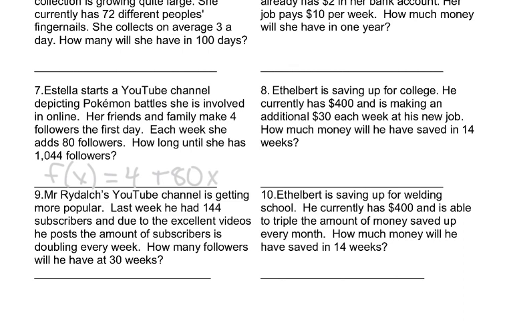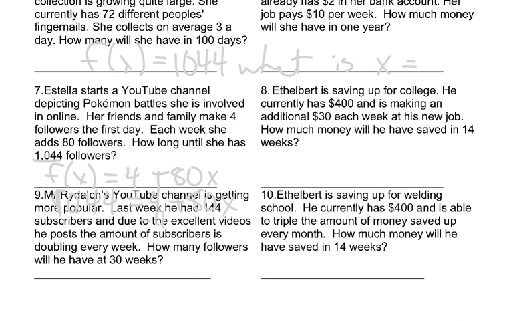Okay. Now we want to know till we get to this number. That's the output, not the input. So we want to know when f of x equals 1044, what is x, right? So I plug it in. So 1044 equals 4 plus 80x.